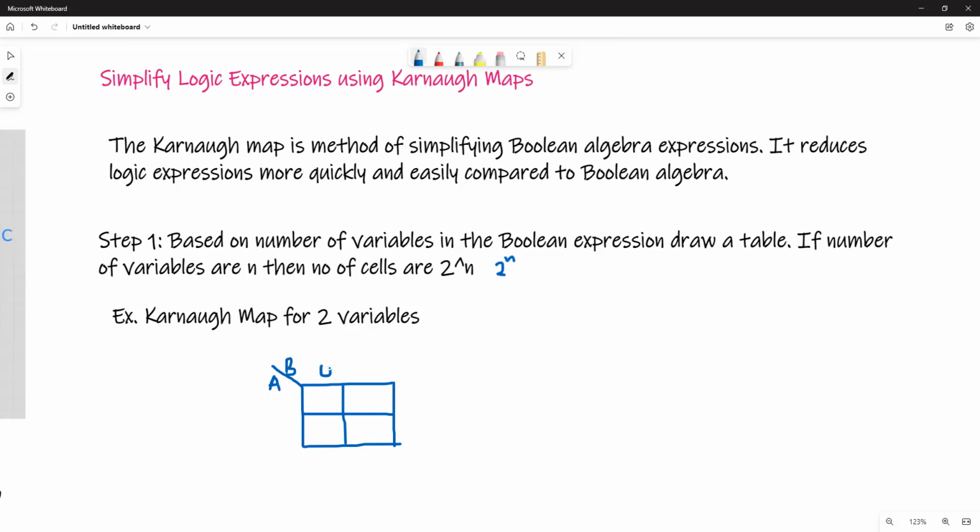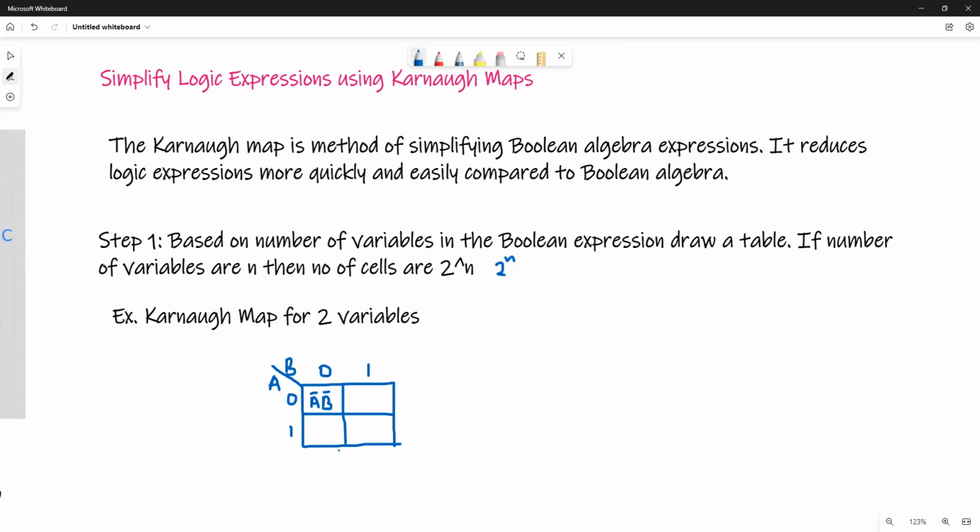The values that B can take are 0 or 1. A can also take 0 or 1. This indicates the multiplication of A and B. When the value is 0, we take it as a bar. So this cell represents A bar and B bar.